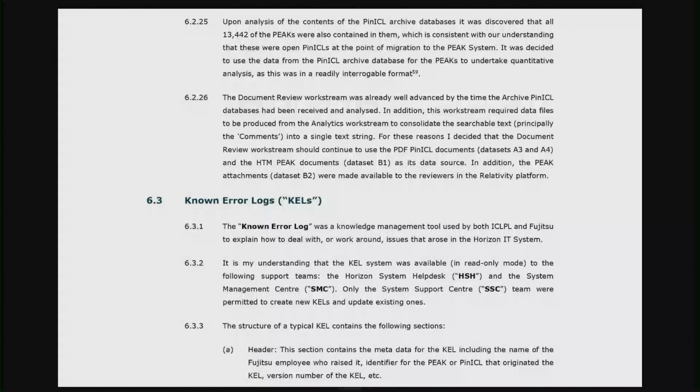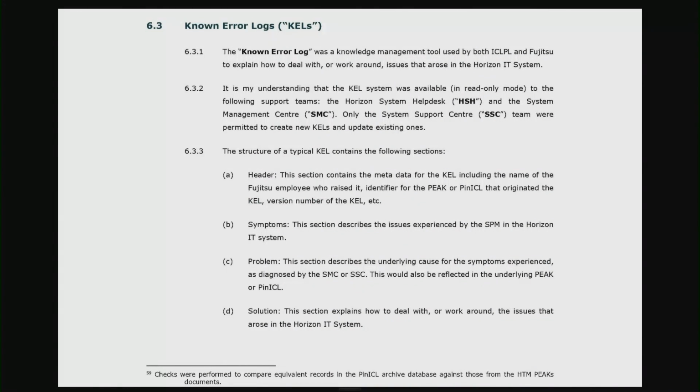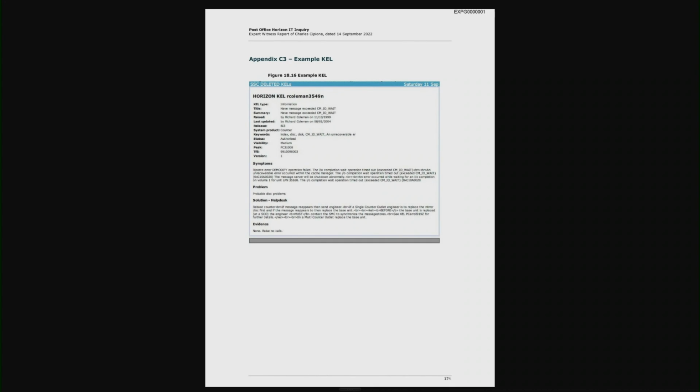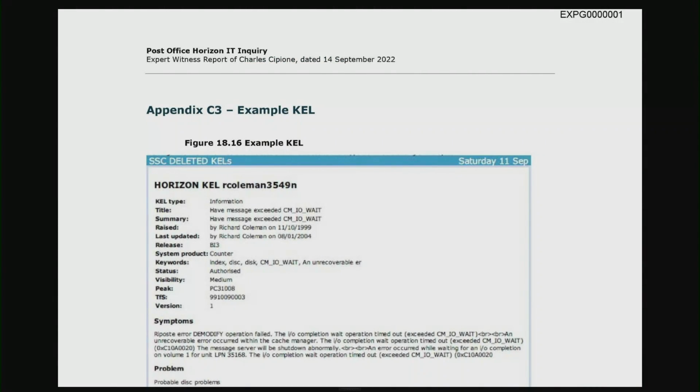Thank you. Can we turn to known error logs, please? And can we turn up page 174 of your report, please? Is this an example of a KEL, a known error log?